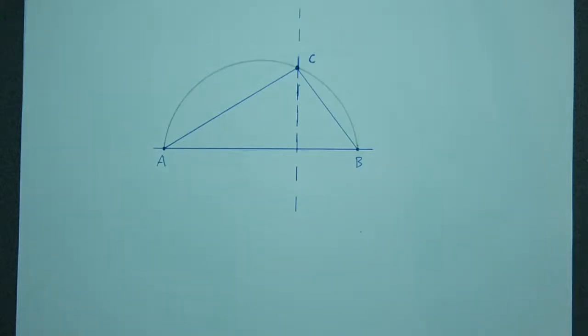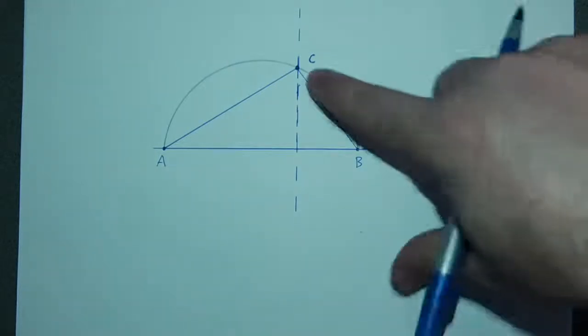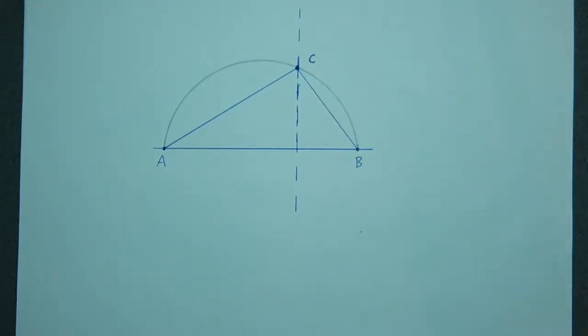All right, so this is how we get that those things have to sum to be pi over 2 in the event that we've selected our A and B like this. So this is a right angle at C.